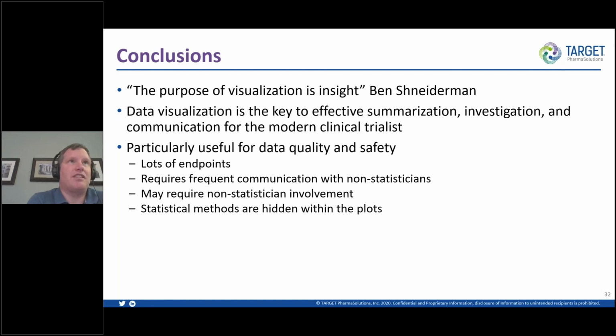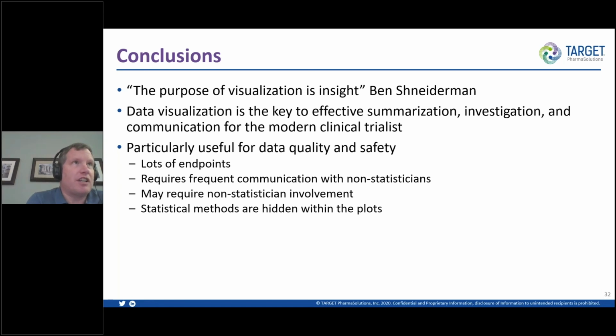We certainly can't look at the results of a large number of tests, so we need to rely on these visualizations to help point us to where the issues may be residing and potentially using other data visualization methods to help us understand why these things may be happening in the first place.